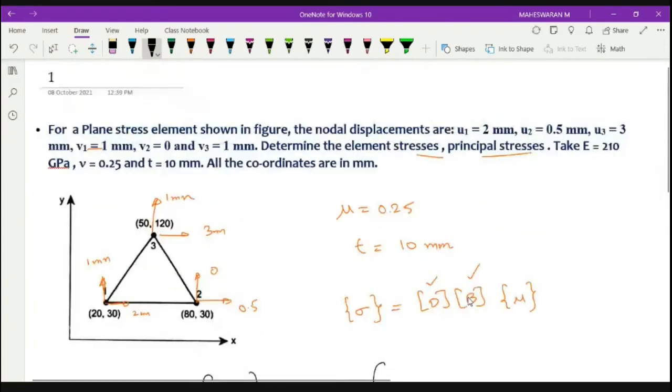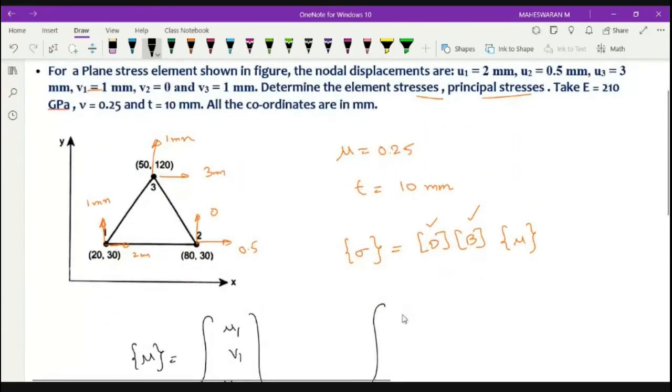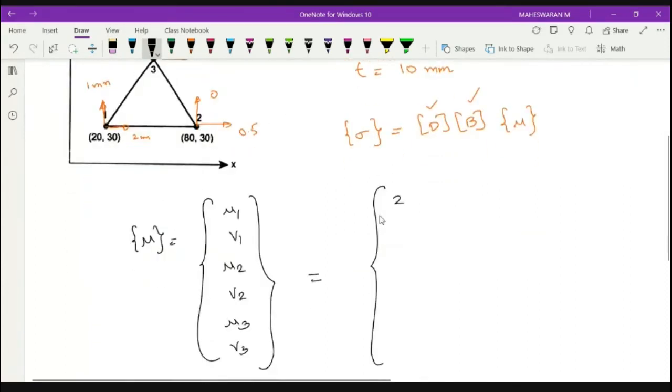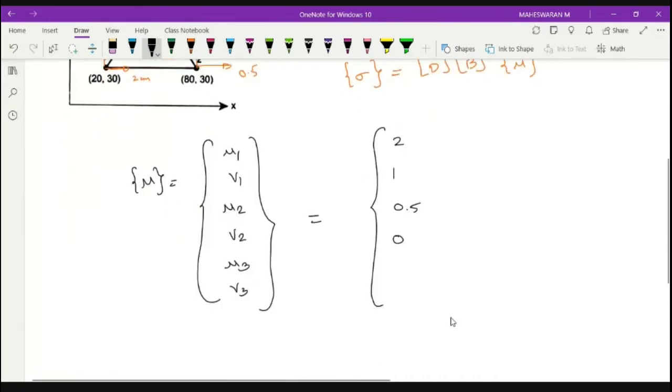So U1 is 2, V1 is 1, U2 is 2.5, V2 is 0, and U3 is 3, and V3 is 1. So this is my matrix.